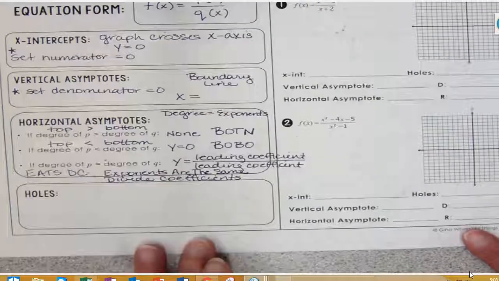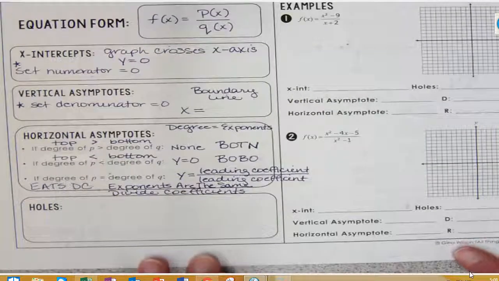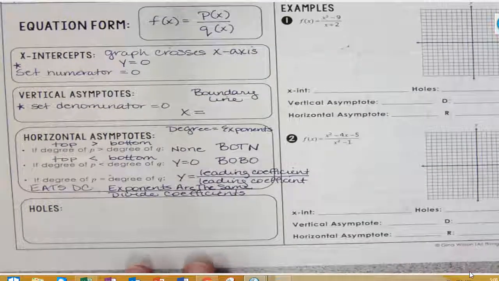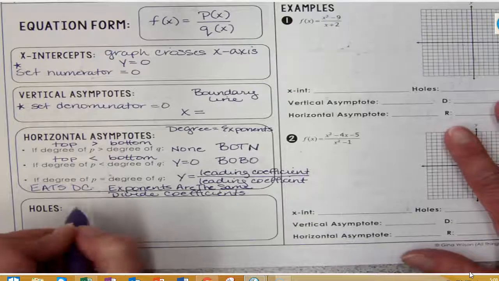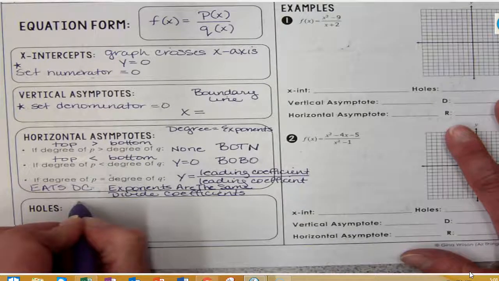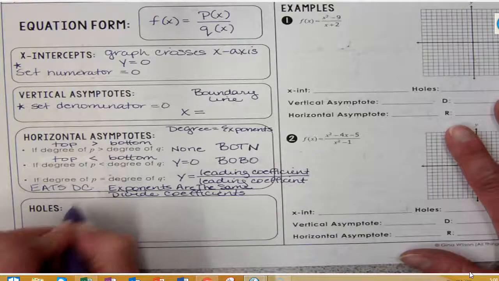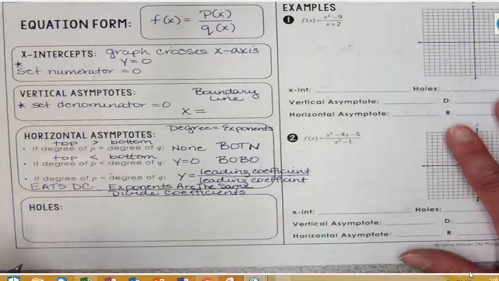Then we've got some holes that we need to discuss. The holes are where you have a factor in the numerator as well as the denominator.